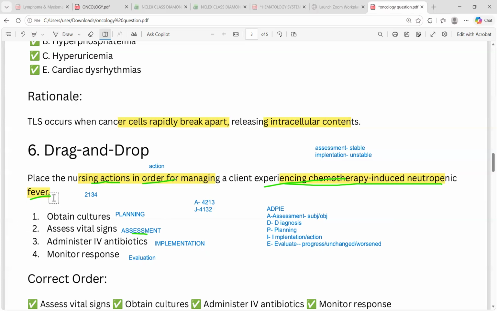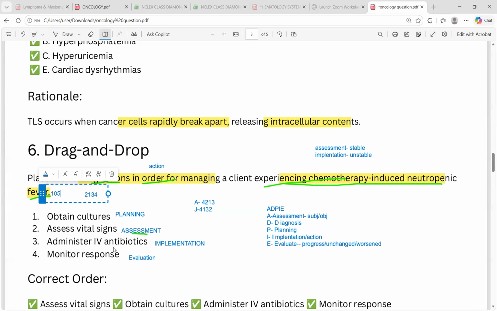But if they had mentioned fever with a temperature of 105 or something, and instead of an antibiotic it is an antipyretic, then the client is going into a complication stage, so you have to choose administer IV antipyretic. That is the emergency correct option.